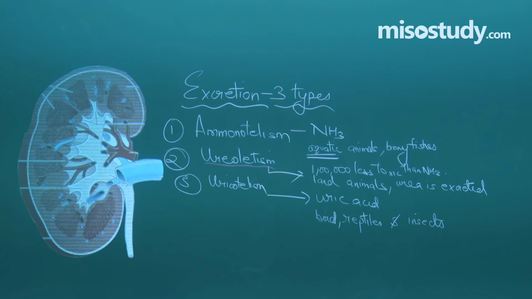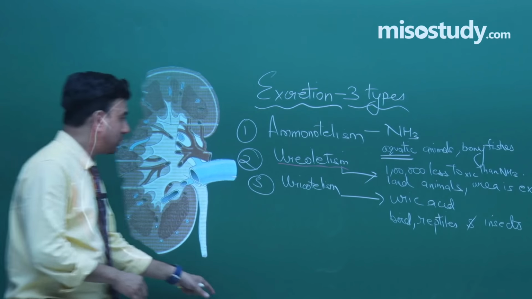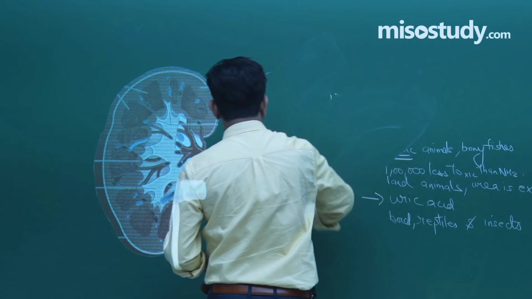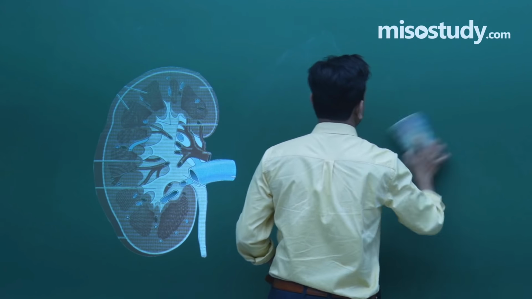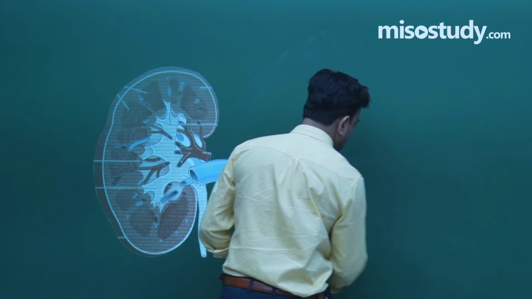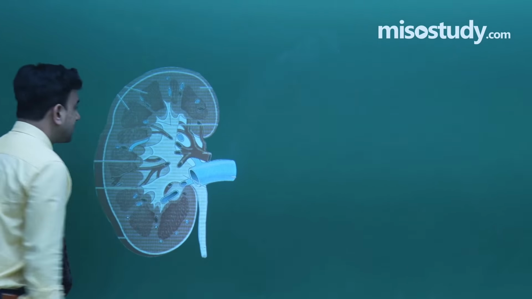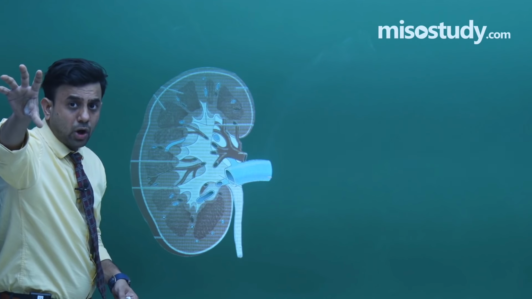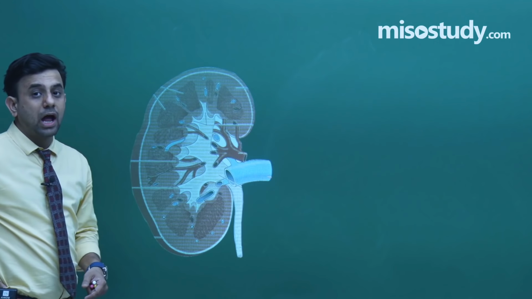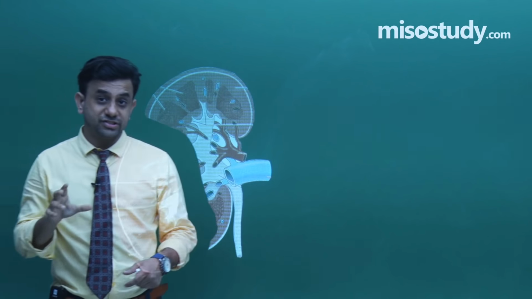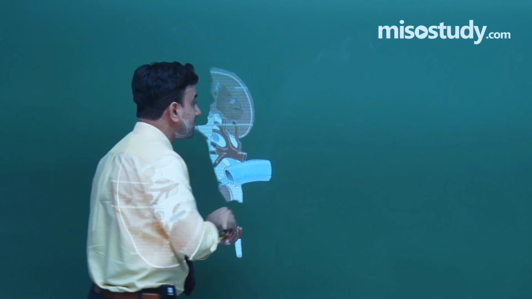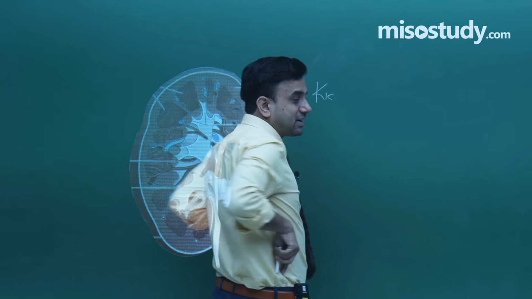Right. Let us come back to this diagram once again. So, what do we see here? This is the internal structure of the kidney we are talking about. We all know that the kidney is divided into 2 sections.